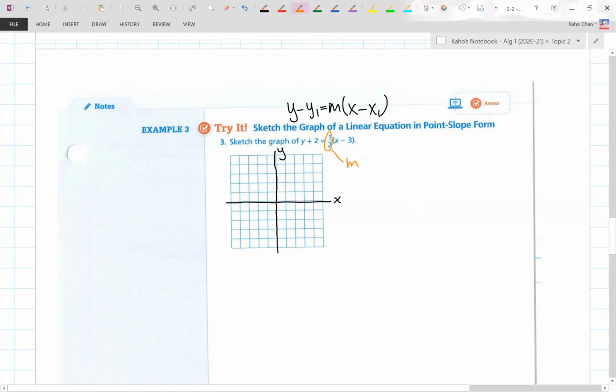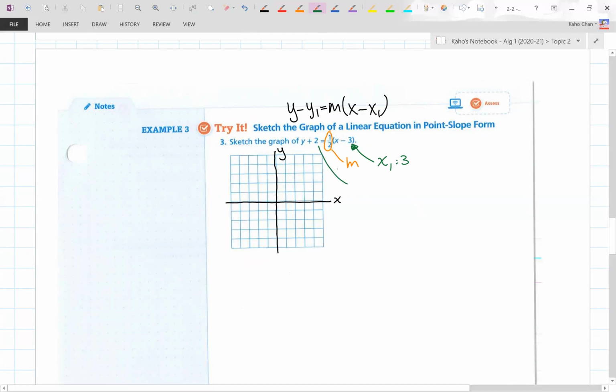Yay. It's going uphill from left to right. A random point is buried in here, x1, y1. x1 right there is, you got to think of it backwards, +3. Remember the formula is minus, okay? So when you put it in, it will be -3.